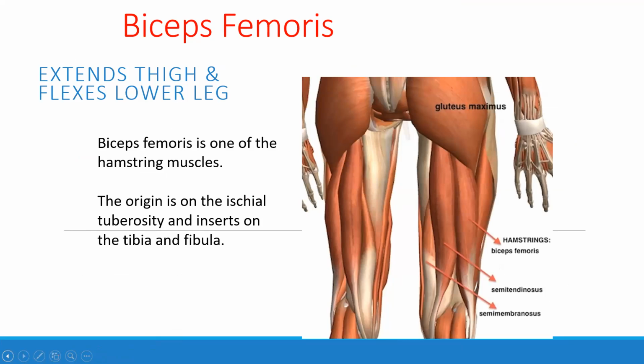So this will straighten out the leg at the knee, and then it will flex backwards. So we get the same type of action, but we're doing it in two different ways: extending the thigh and flexing the lower leg by the hamstrings, and flexing the thigh and extending the lower leg by the quads.